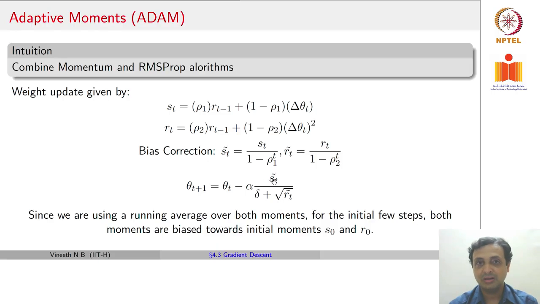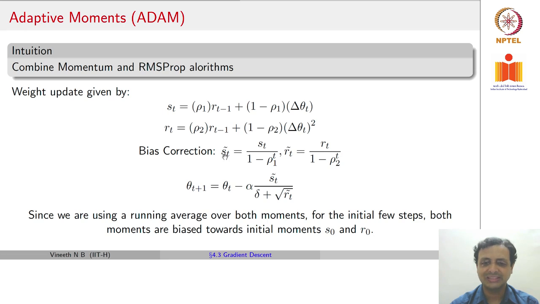ST would have been the current gradient in Adagrad and RMS prop, but now ST is the running sum of the gradient. And what is the running sum of the gradient? Momentum. Remember, momentum was where you use the previous gradient, so on and so forth, using a momentum term. Rho 1 is the momentum coefficient for us in this particular context. That's why Adam can be looked at as a combination of RMS prop and momentum.